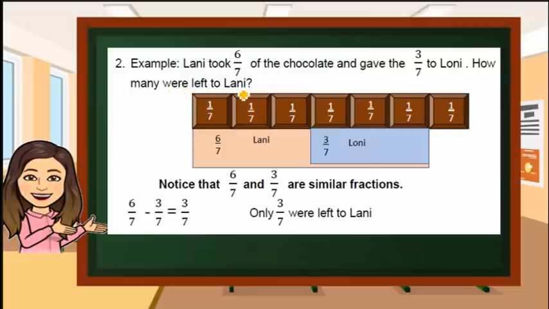How many were left to Lani? Previously, Lani took 6/7 of the chocolate, right? She took 6/7. But the 3/7 she gave to Lonnie.